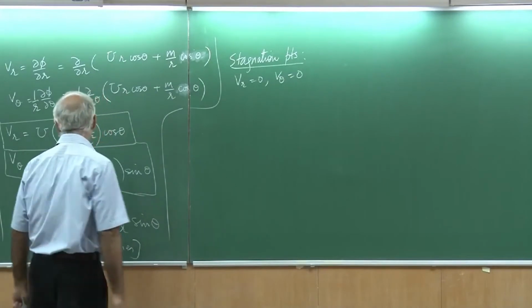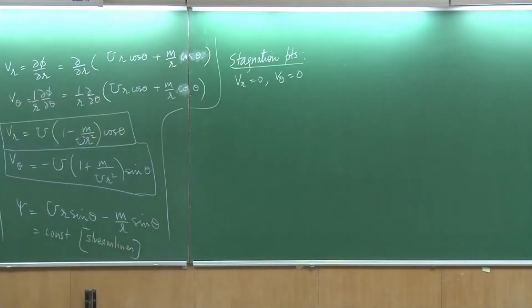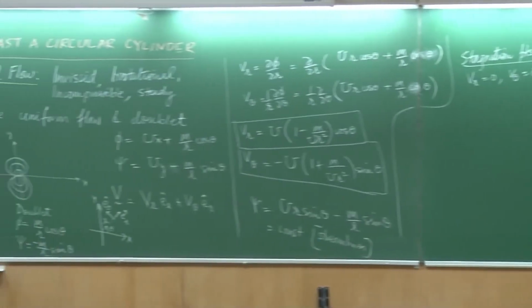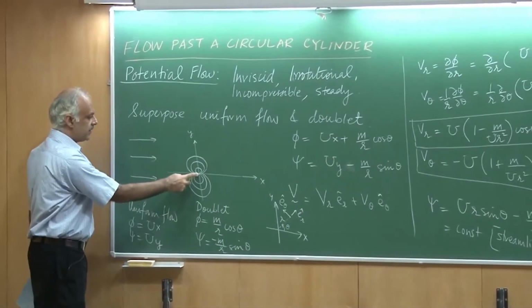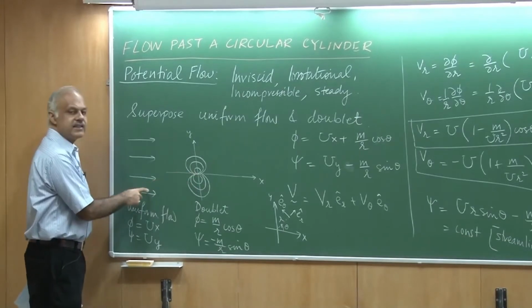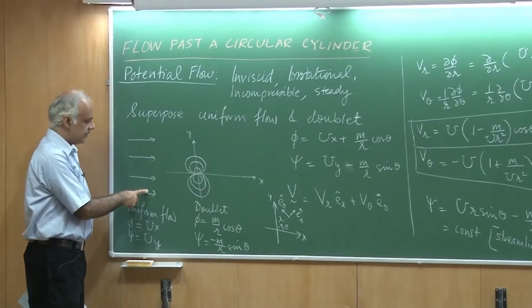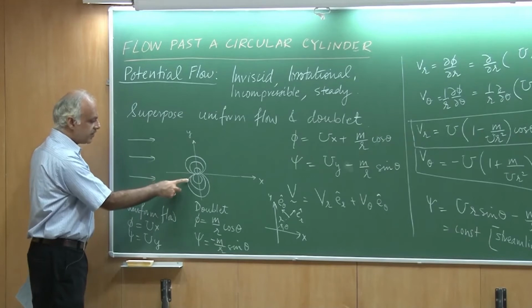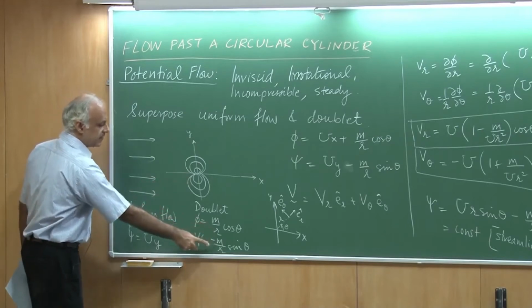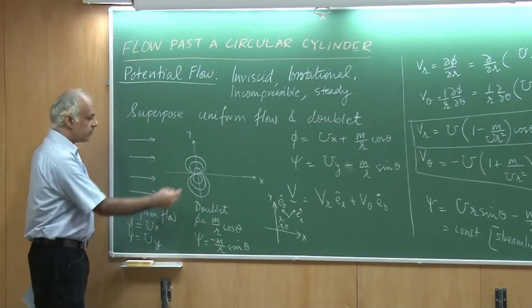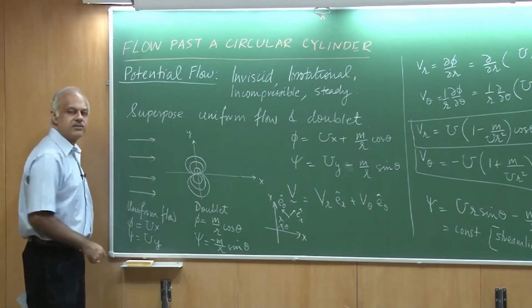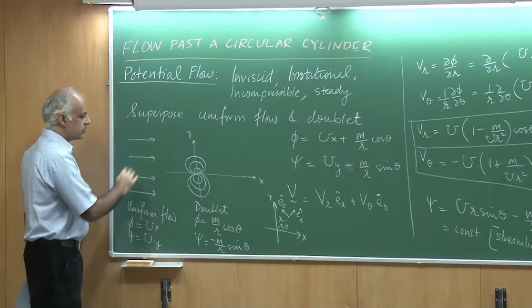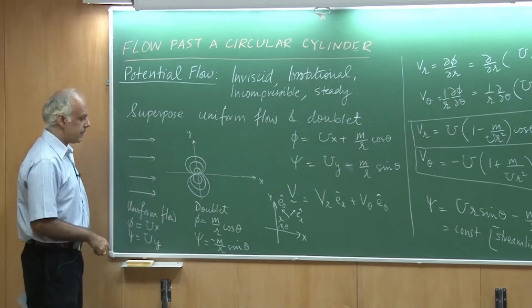Intuitively, you can feel the following. There is a doublet which is present at the origin, and then there is a uniform flow. As you know, the effect of the doublet is varying as 1 by r. So, if I go far away, I should not see an effect of the doublet, and therefore, I should just see uniform flow everywhere.